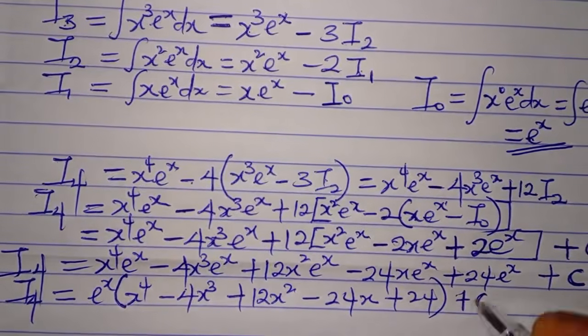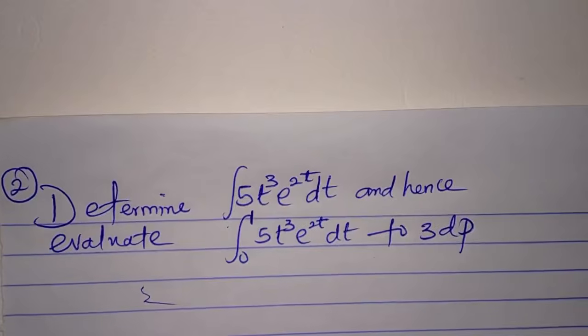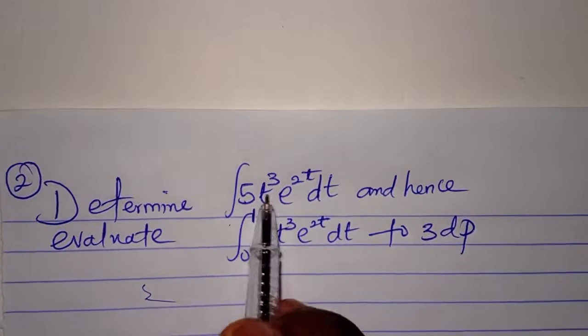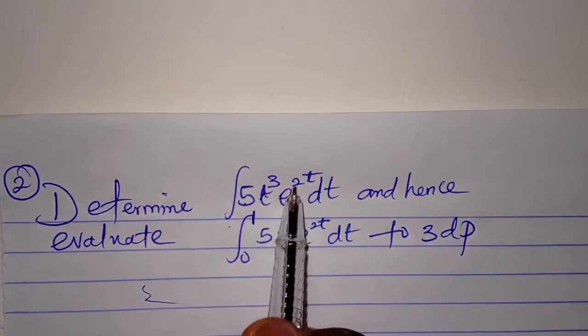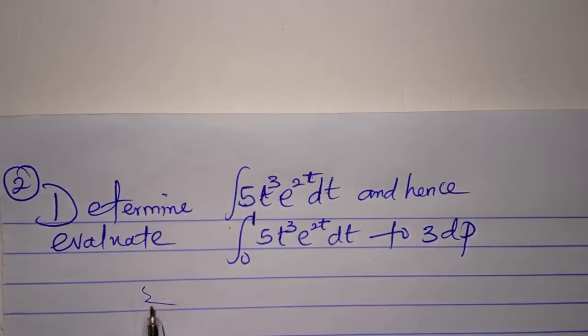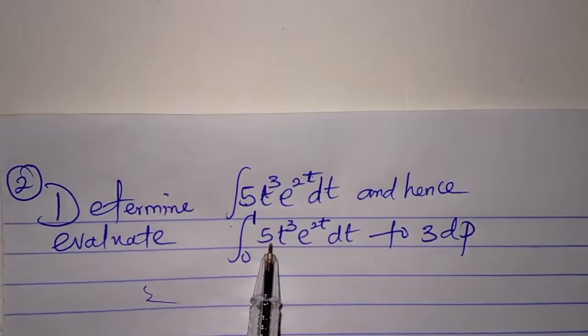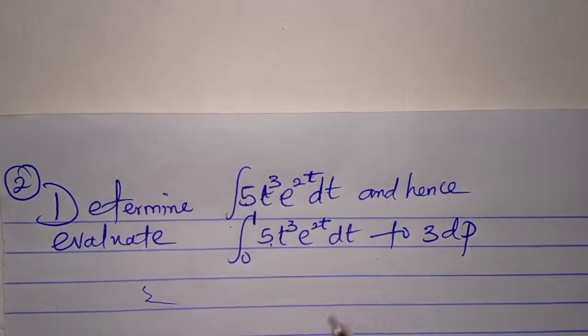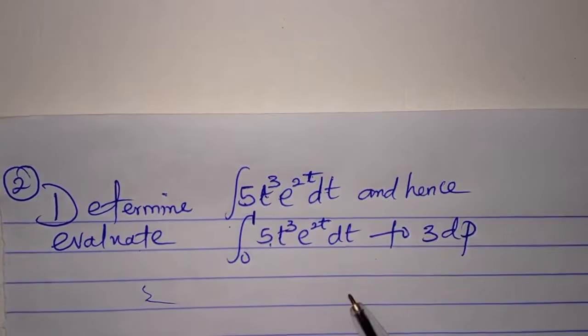the constant of integration. We have to determine the integral of 5t cubed e to the power of 2t dt, and hence we have to evaluate this, okay, to 3 decimal places. Now remember this.